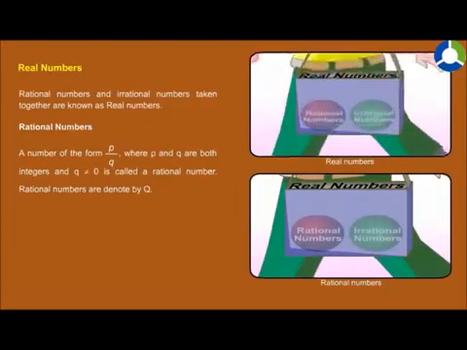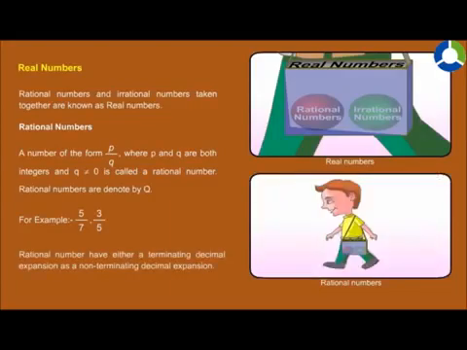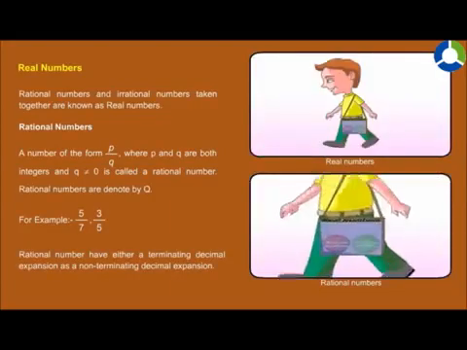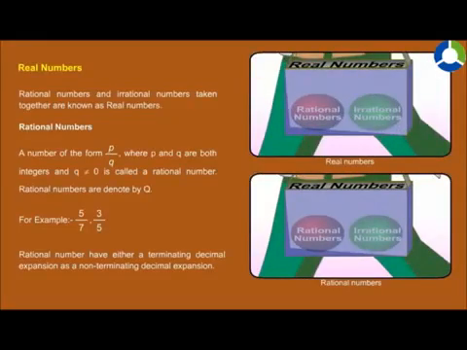Rational numbers are denoted by Q, for example 5/7, 3/5. Rational numbers have either a terminating or a non-terminating decimal expansion.